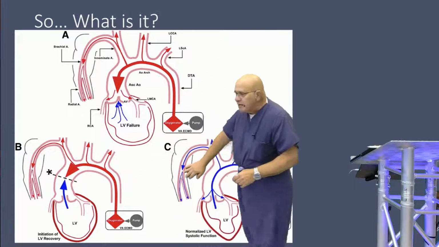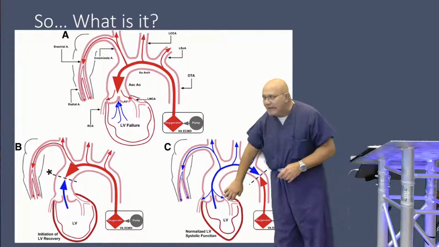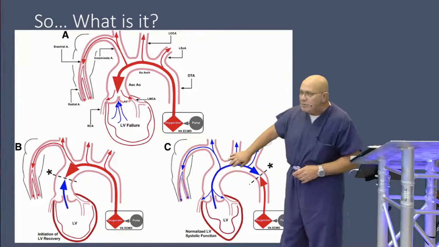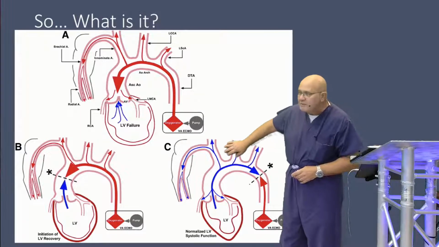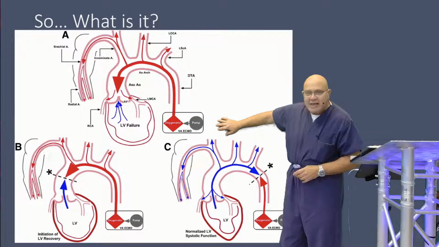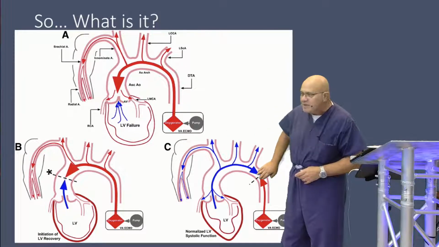In this particular case here, the LV is actually recovering nicely, and it's able to force the blood around so that now the arch vessels are seeing desaturated blood, but just distal to the left subclavian, you see that they're combining, and this would be mixed or very purple.